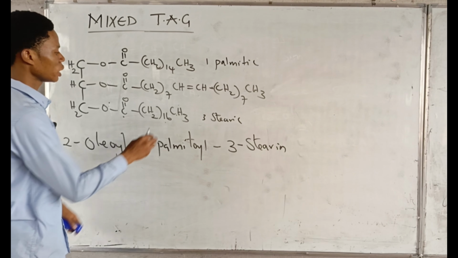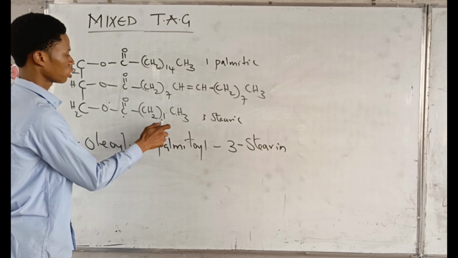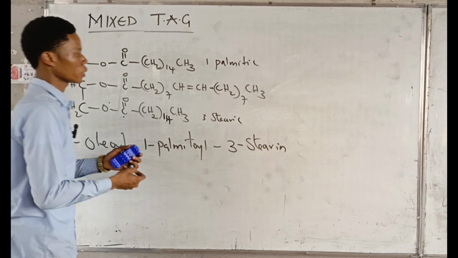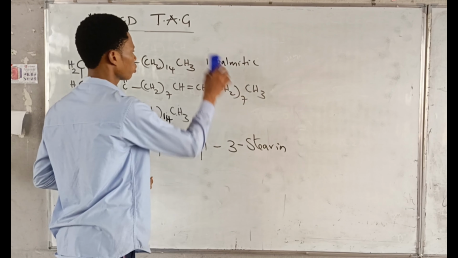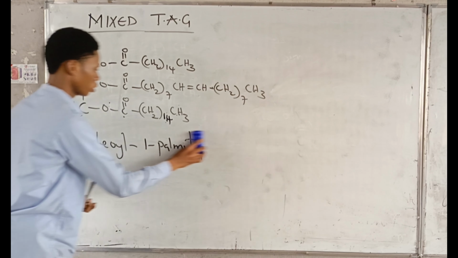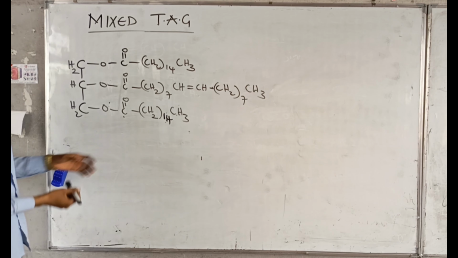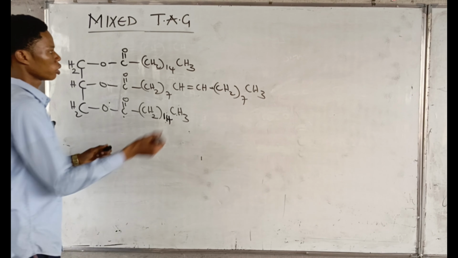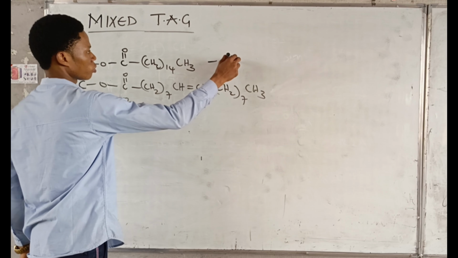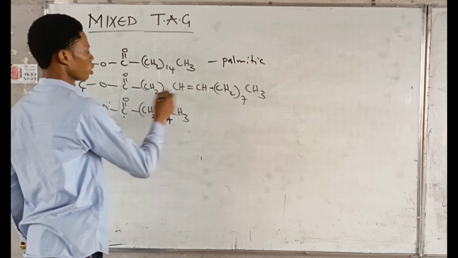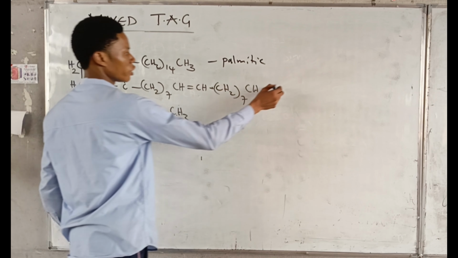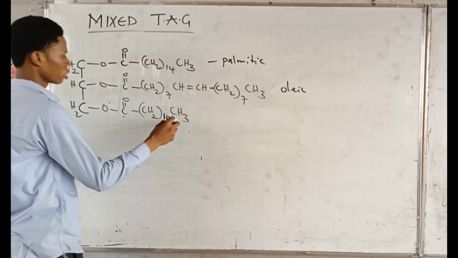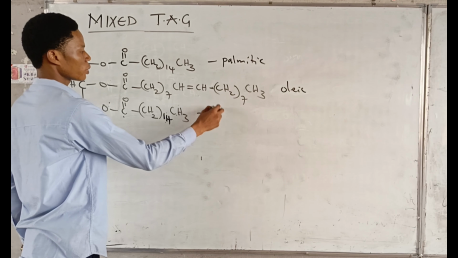Alright, so I want to adjust this now, then we see the name. What if we have something like this? Now check. What fatty acid do we have here? This is palmitic, right? Which one do we have here? Oleic, right? Which one do we have here? Palmitic, right?